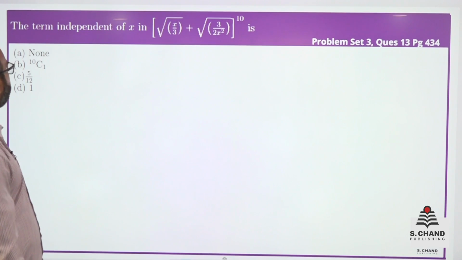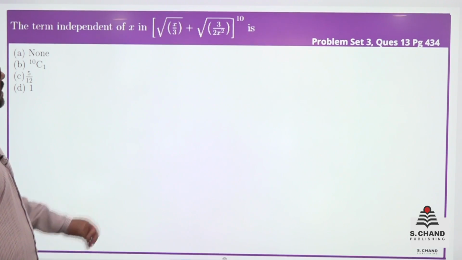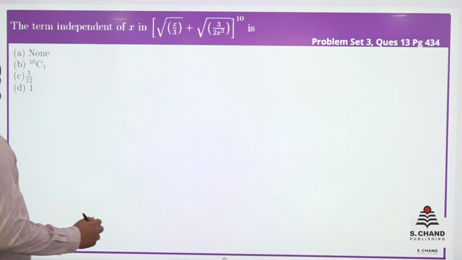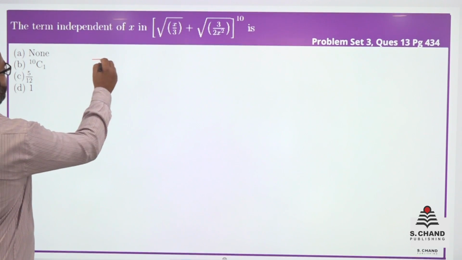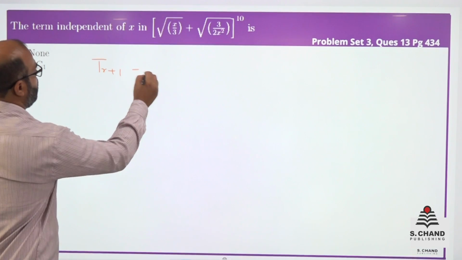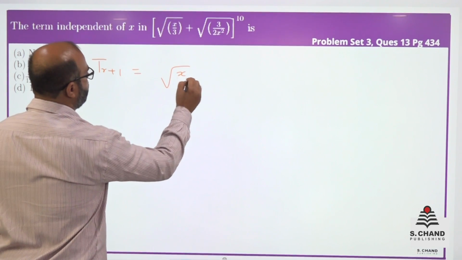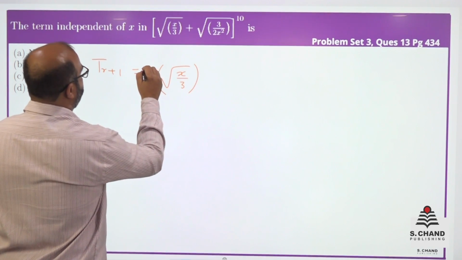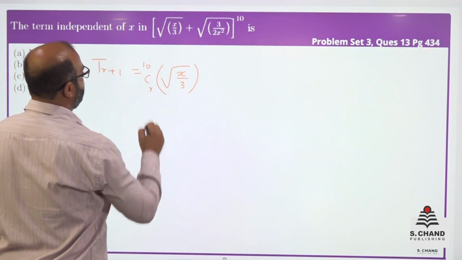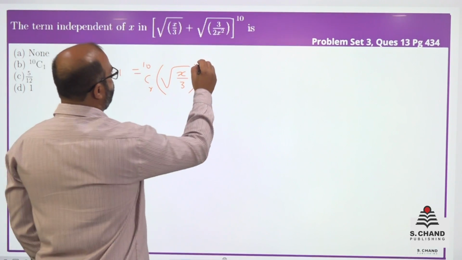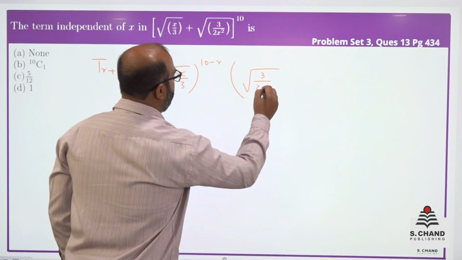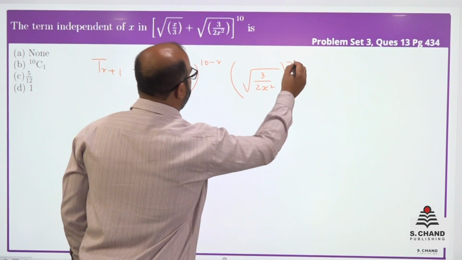Next question says the term independent of x in this expansion is. So independent of x, again you take general term T r plus 1, which is, first let us take 10 C r, then root over x by 3 to the power 10 minus r, root over 3 by 2x square to the power r.